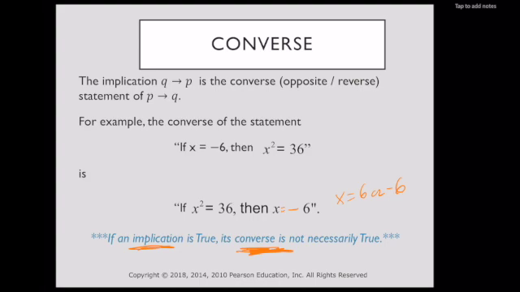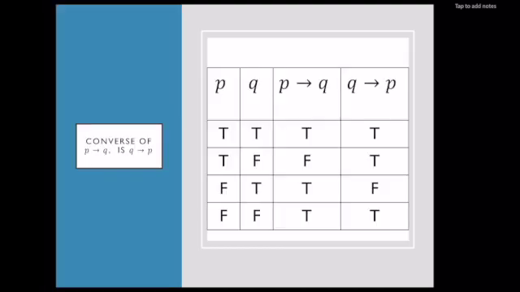So here's a comparison of the two. If I have P implies Q and Q implies P, they're not necessarily identical because they have different values here and here. So the converse is not necessarily true.